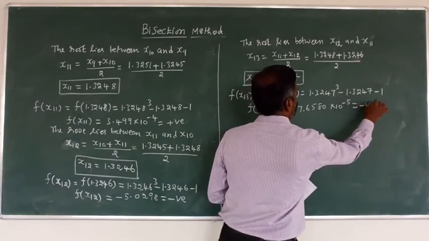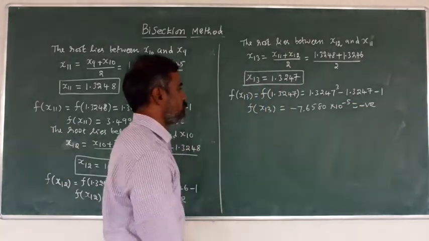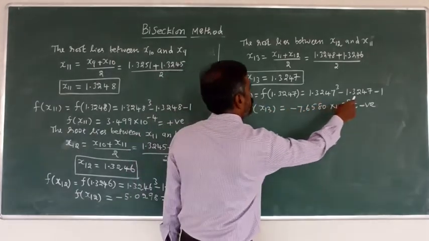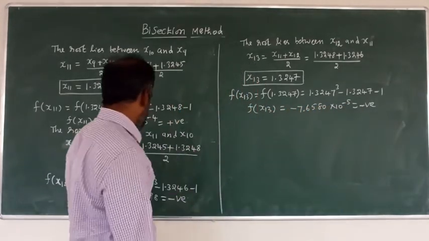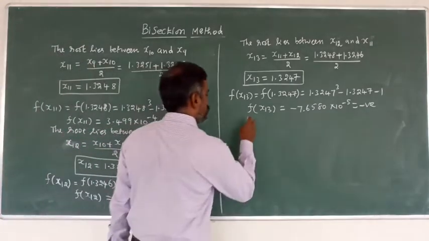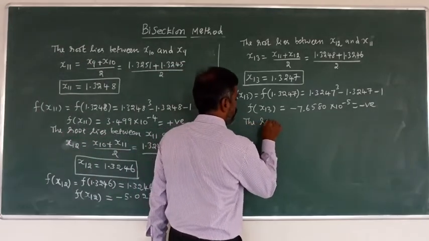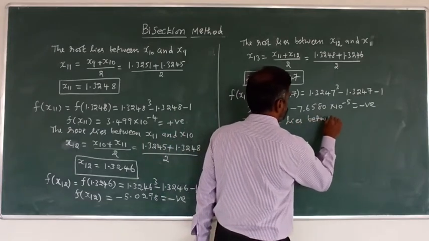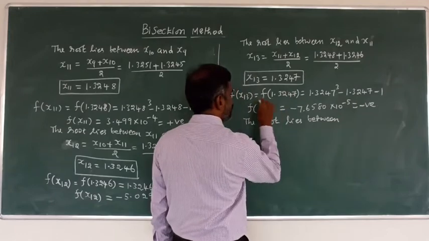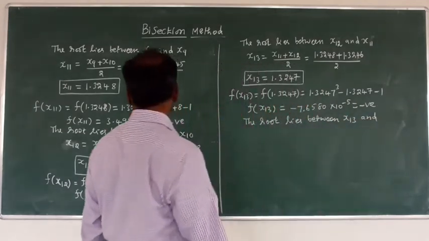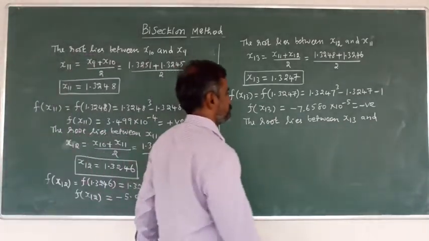This is a negative result. So we take x13 as negative and x11 as positive. So the root lies between negative x13 and positive x11.